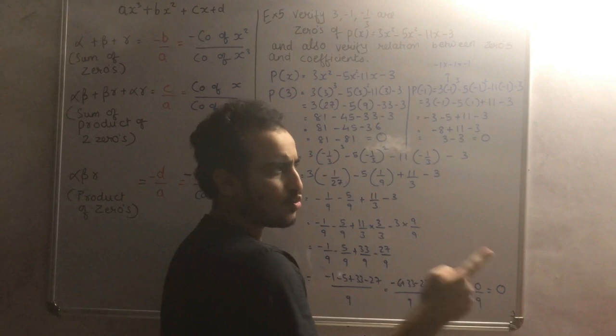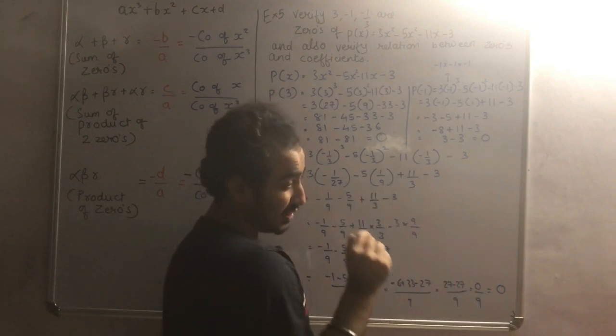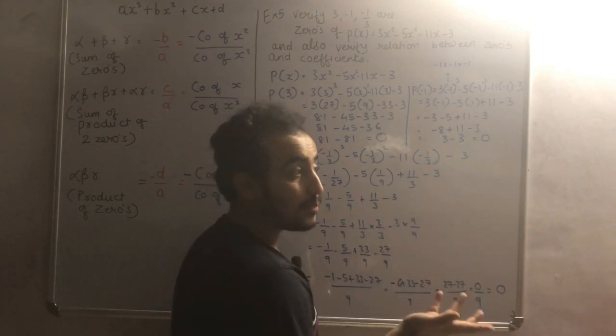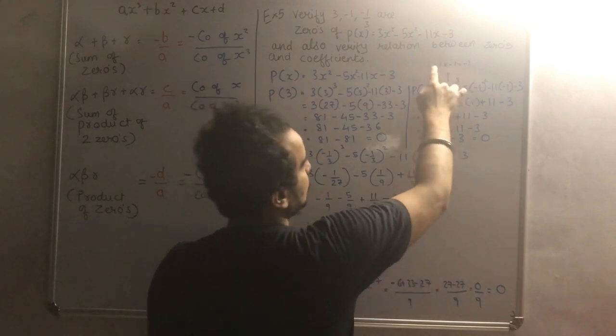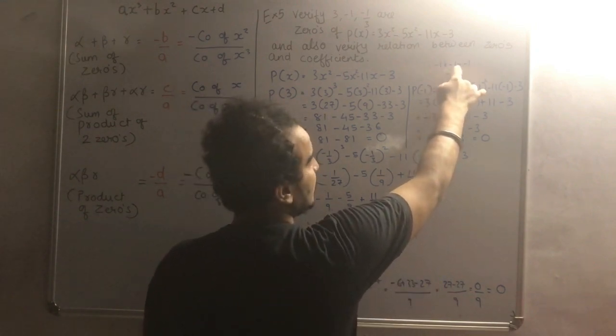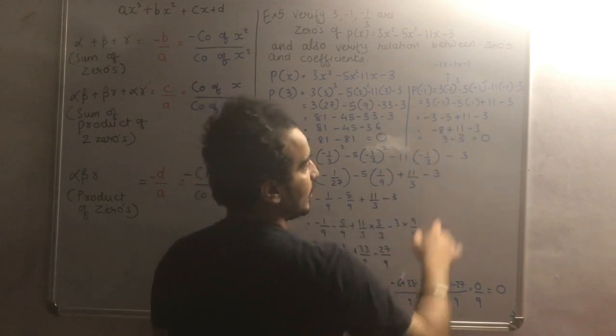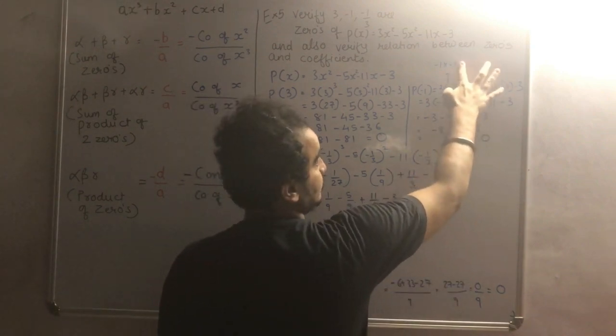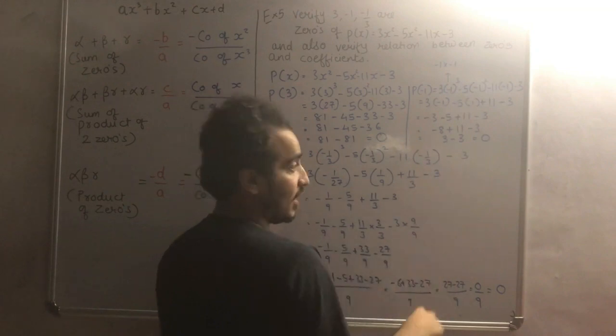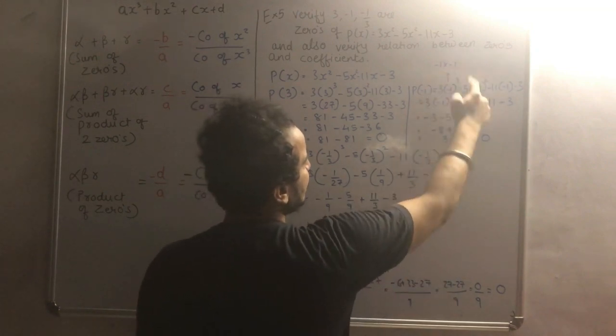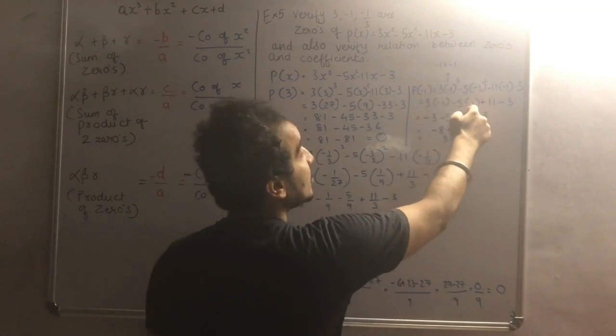So 1 into 1 into 1 is 1. We have to check the sign, whether it will come plus or minus. So minus minus plus, plus minus minus. So here it will come minus 1. Here it is a square of minus 1, so minus 1 times minus 1, minus minus plus, 1 into 1, 1. So here it will come plus 1.